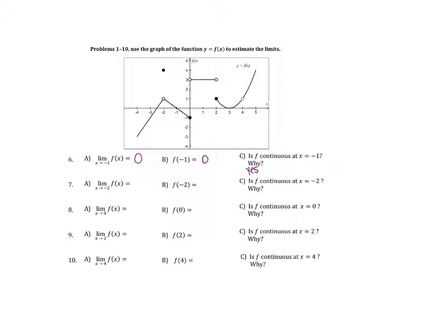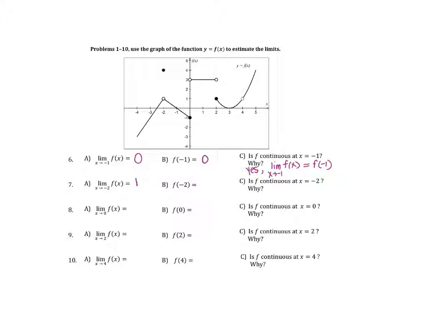Yes, and the reason why is because the limit as x approached negative 1 of our function existed, and its value was the exact same value of the function at negative 1. All right, so now let's look at number 7. Again, our limit as x approaches negative 2 here was 1.